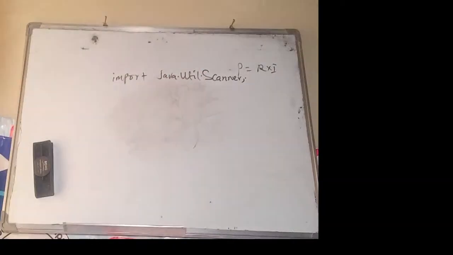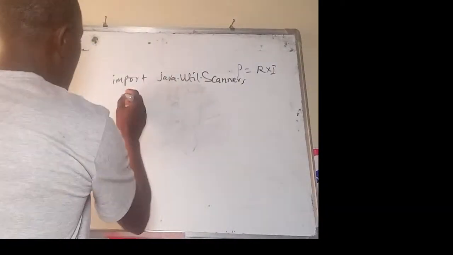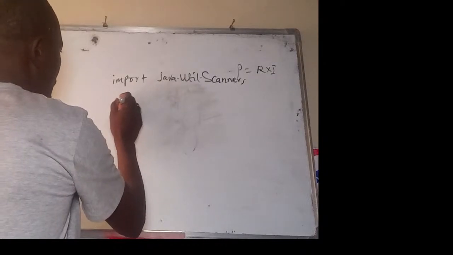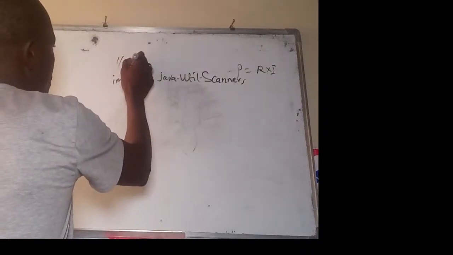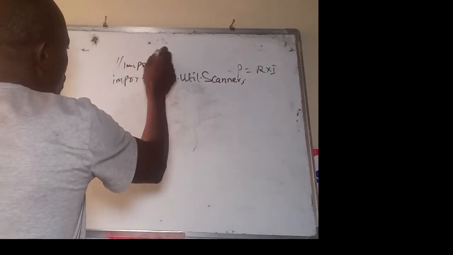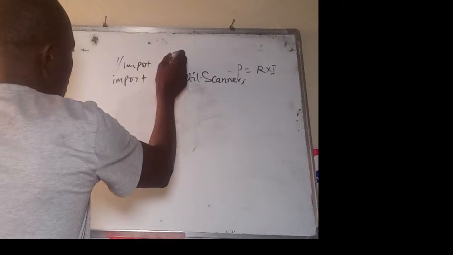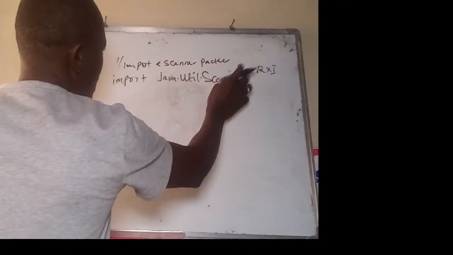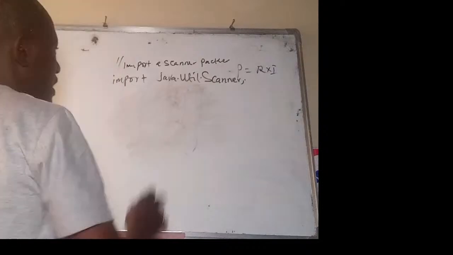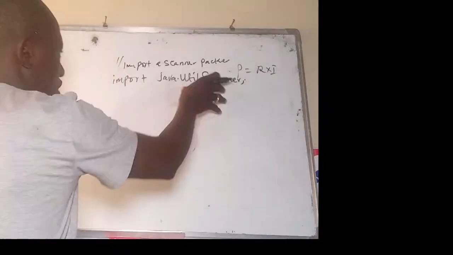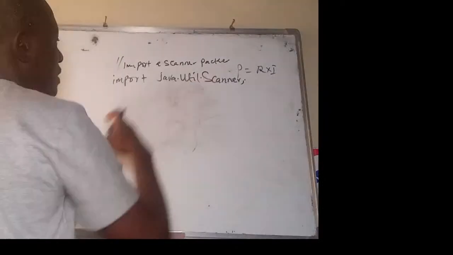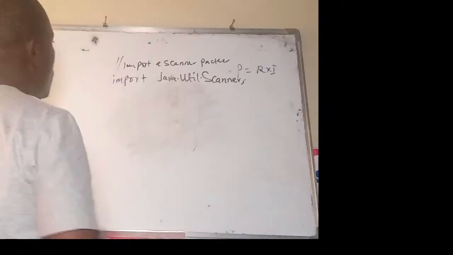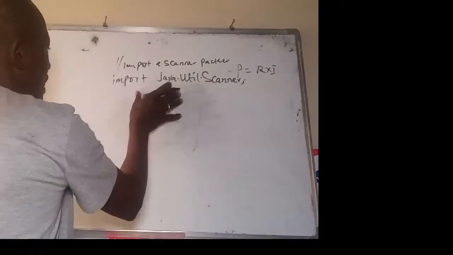So how are you going to do that? We do this by using a scanner. In this, let's assume we import the scanner package. And what is the function of this scanner package? The function of this scanner package is to allow the user to insert an input. And here we are going to create a class.